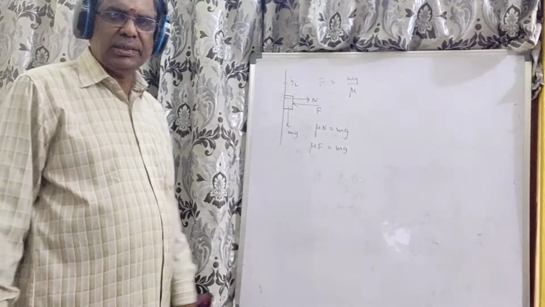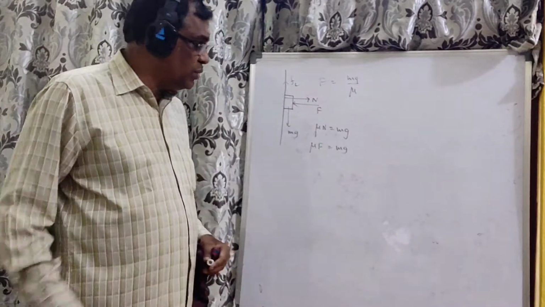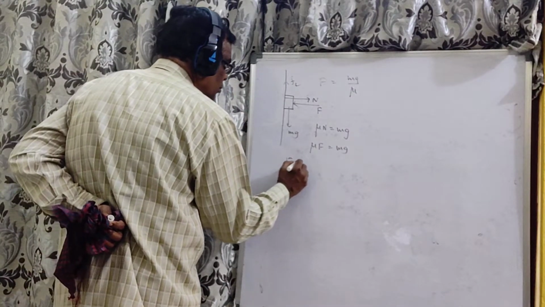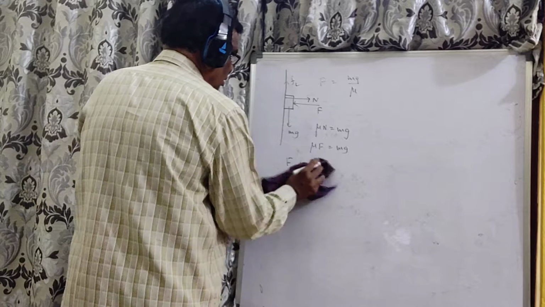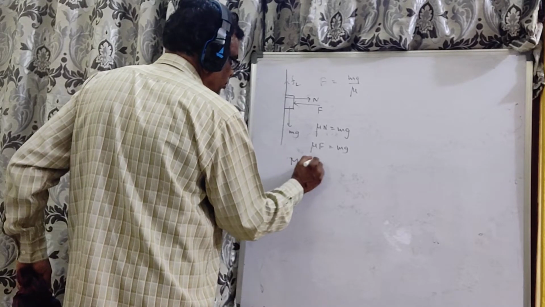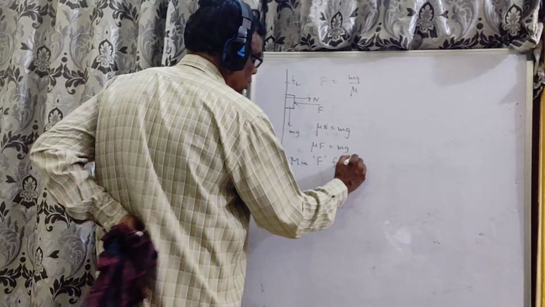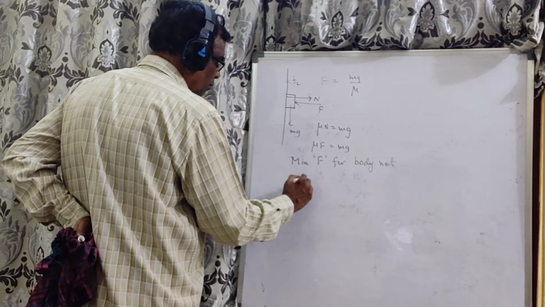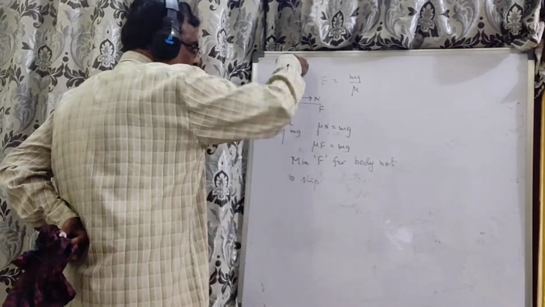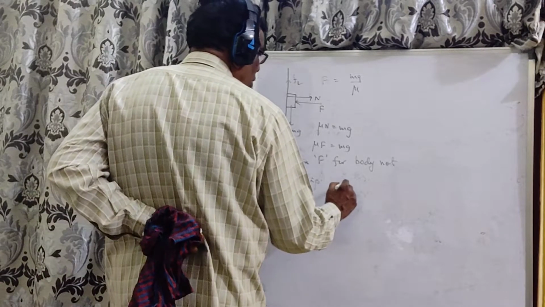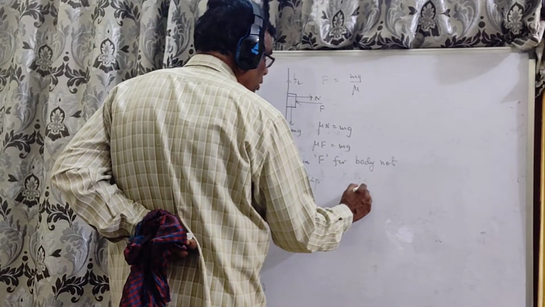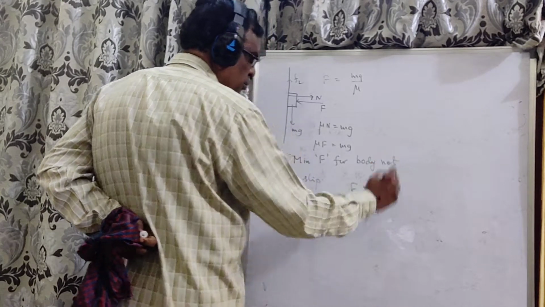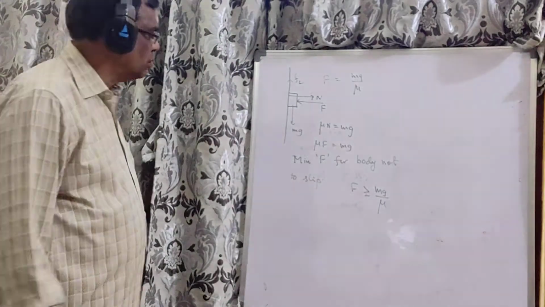Your F must be at least mg by mu. Now what is this F? This is the minimum force for the body not to slip. Otherwise it will slip down. So, for not slipping, F must be greater than or equal to mg by mu. That's how you have to have.